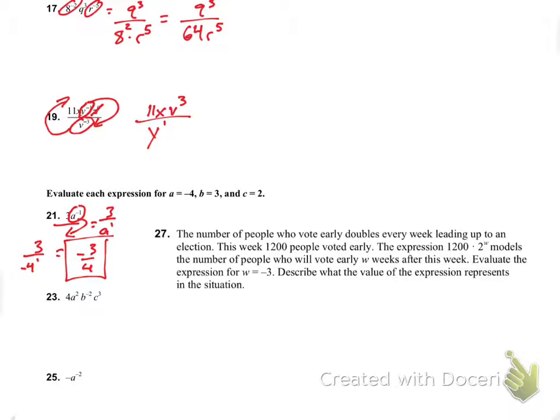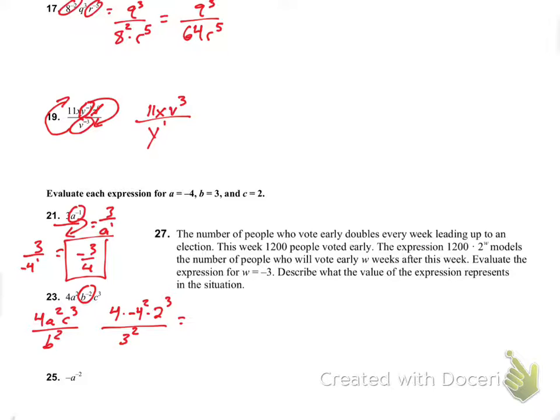So that'd be negative 3/4. Let's do this one. So I know that I don't like b to the negative 2, so I want to bring that down. So it's going to be 4a squared c cubed over b squared, and then I can just plug these in. So that'd be like saying 4 times negative 4 squared times c, which is 2 to the third, over b squared, which is 3 squared.